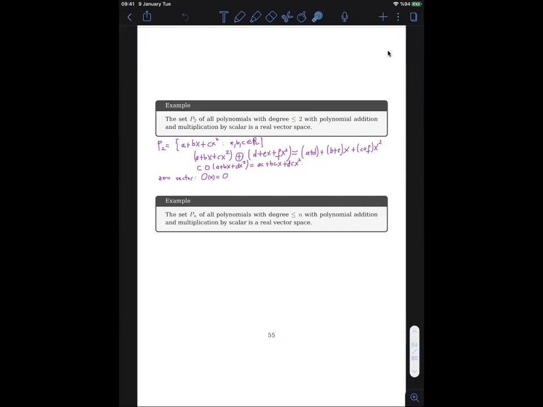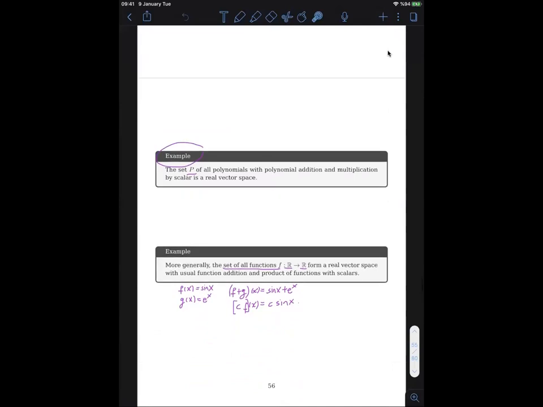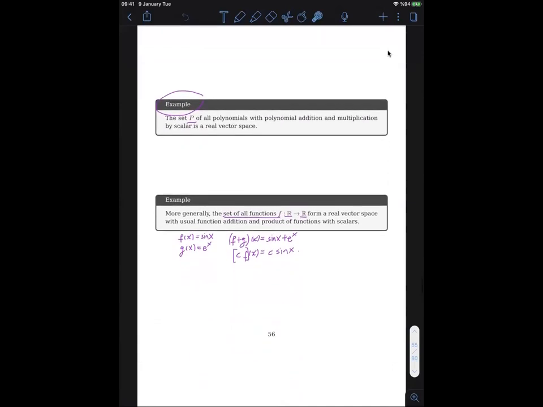Okay, and not just P2, but Pn, the set of all polynomials with degree less than or equal to n, is a vector space. We can even generalize this: the set of all polynomials with not just fixed degree, but any degree, is a vector space.